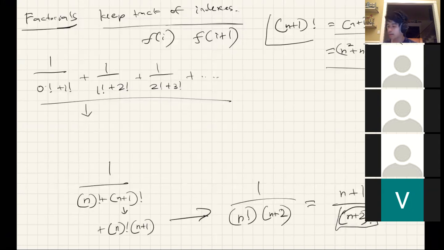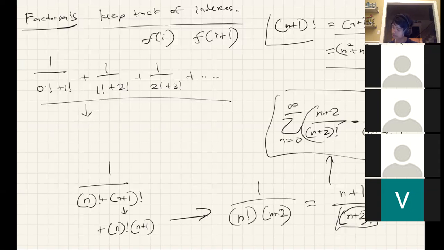So now the key here is to rewrite this term as n plus 2 over n plus 2 factorial, and then minus 1 over n plus 2 factorial, okay? And we're summing this from when n equals 0 to infinity. So this is our new sum. And now this becomes 1 over n plus 1 factorial.